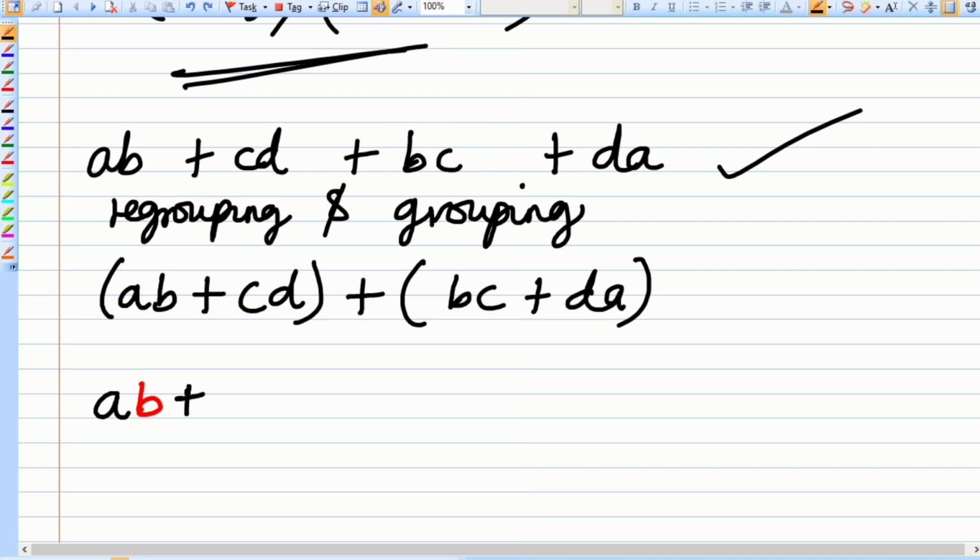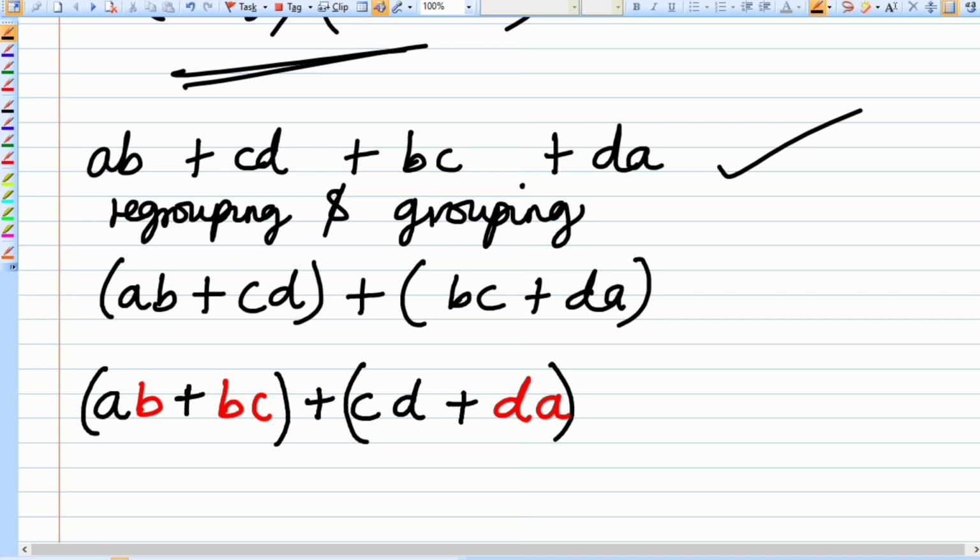So we have plus BC. I think that's better there. Plus, let's go with CD. So the other factor there is what? DA. Alright, so having done this, we can now group the expression. So first of all, you see we had to regroup and then we are grouping.